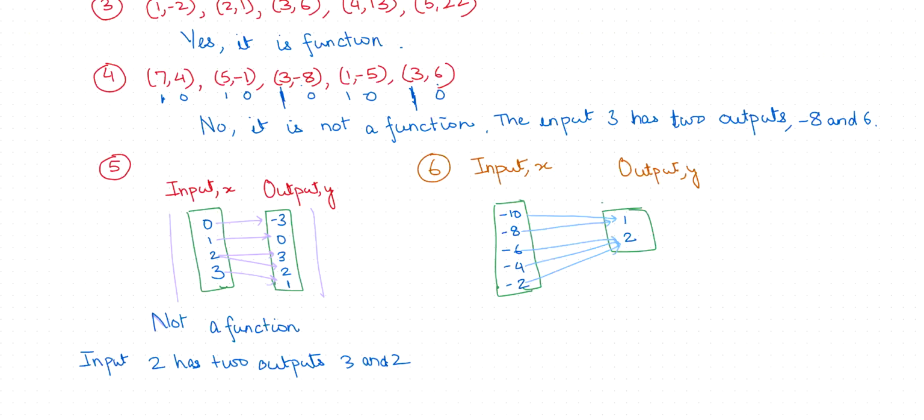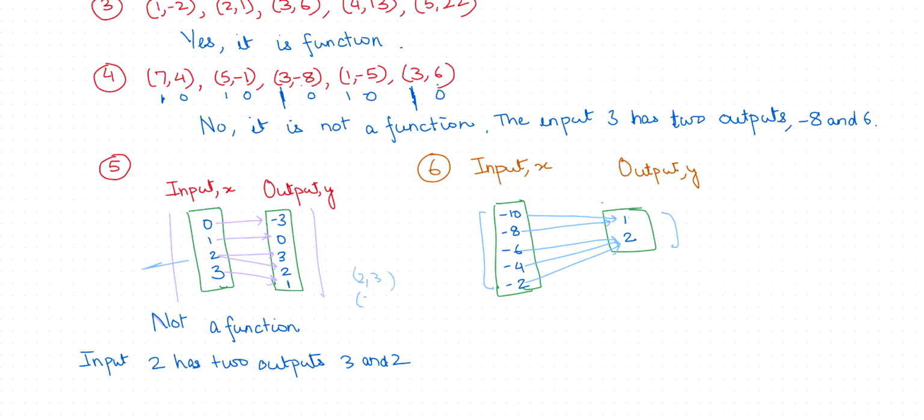In question 6, these are the inputs and these are the outputs. Is this relation a function? We can see that each input here is associated with only one output. Earlier, the input 2 had two outputs, 2, 3 and 2, 2.